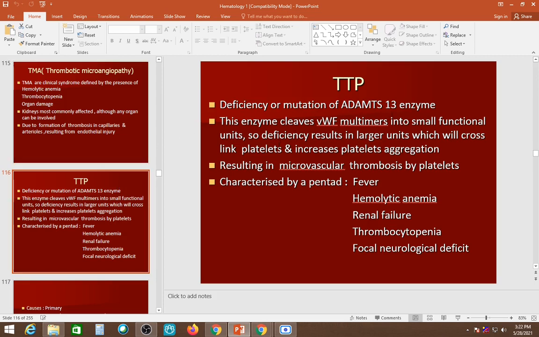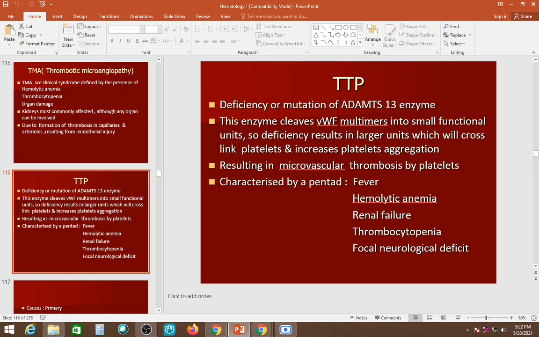The importance of this enzyme is that it cleaves the von Willebrand factor multimers into small functional units. However, deficiency of this enzyme results in the formation of larger units, which will cross-link the platelets and increase platelet aggregation. Because of this, there will be formation of small microvascular thrombosis.